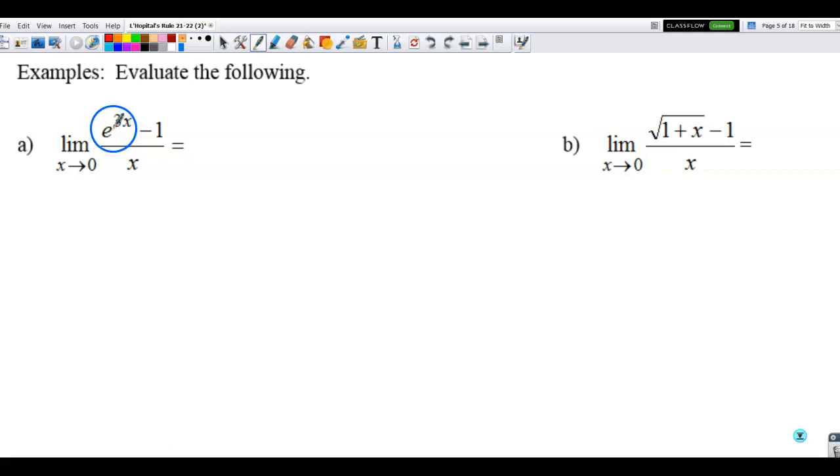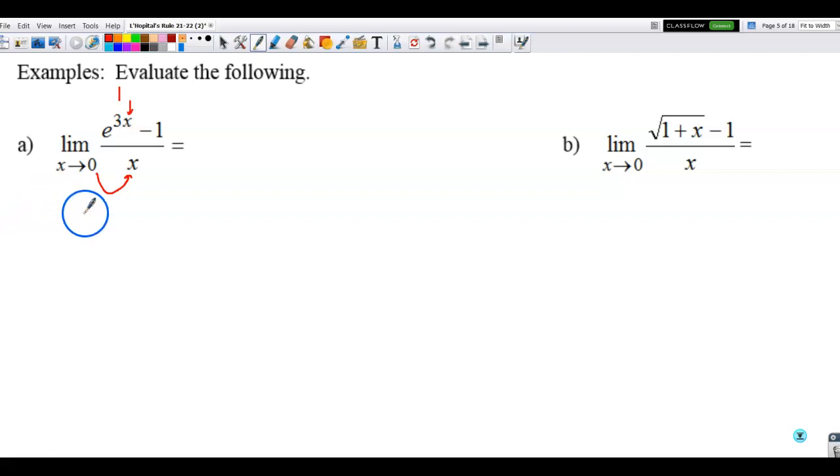If I substitute 0 in place of x, e to the 0 is 1, and 1 minus 1 is 0. When I substitute 0 into x in the denominator, I get 0, and so I have one of the indeterminate forms that L'Hopital can help me with, 0 over 0.